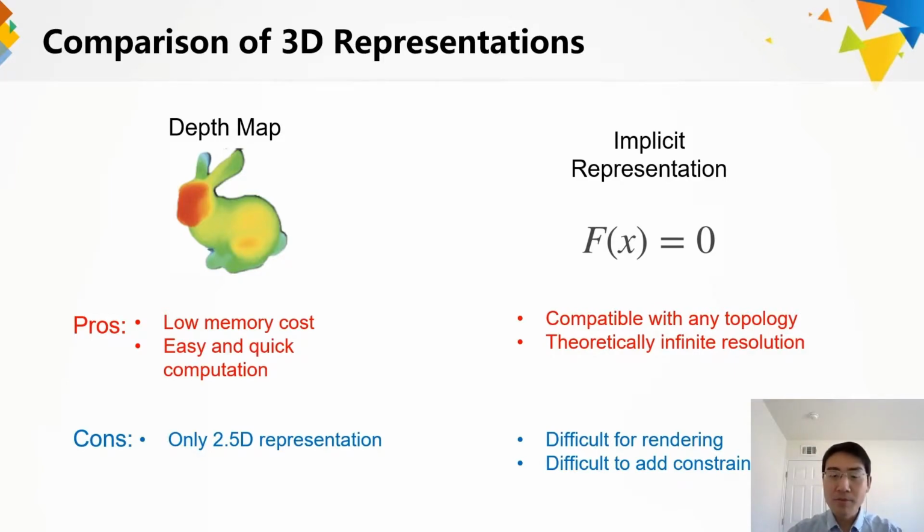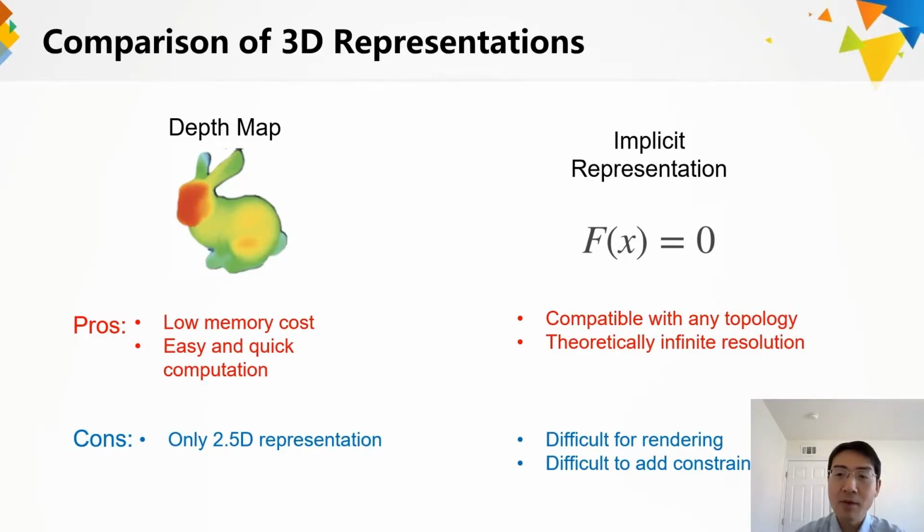The sixth way is called implicit representations, and it has attracted a lot of attention in recent years. Implicit representations do not assume any predefined shapes or any constraints on the objects. It just uses an implicit function to represent the surface of an object.